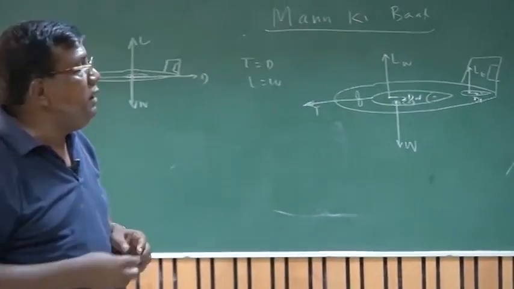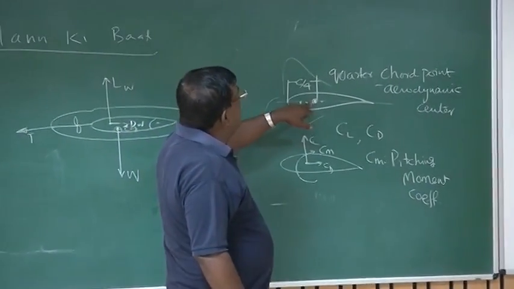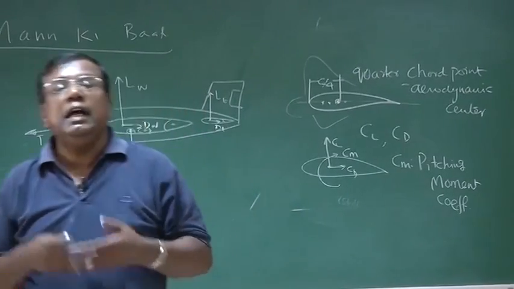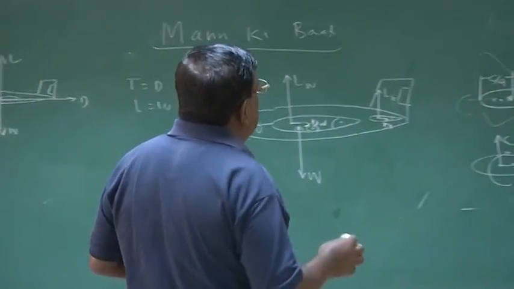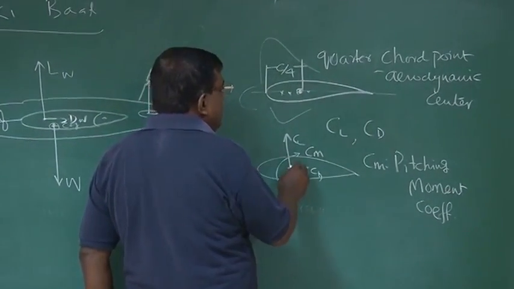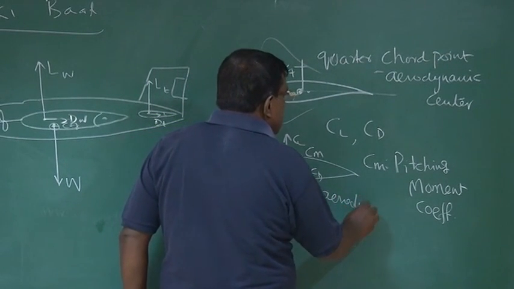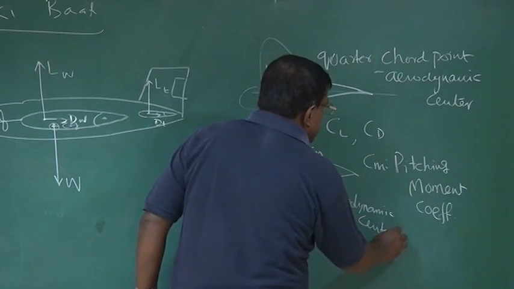What is this aerodynamic center? The pitching moment is independent of angle of attack at the aerodynamic center. That is why we always represent CL, CD, CM, all these coefficients, at the aerodynamic center.